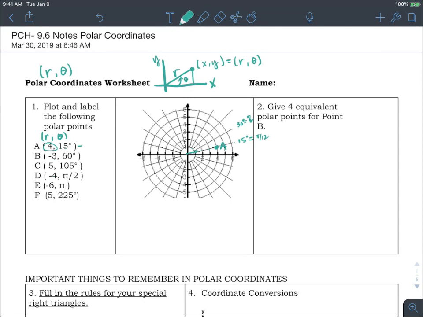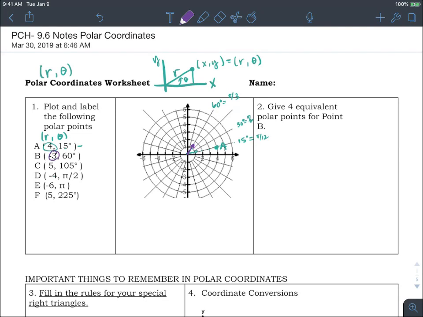Let's do B. I'm going to go to 60 degrees, which is right here. This is 60 or pi thirds. This time I'm facing 60. You don't have to draw the arrow. But I'm going to go -3.